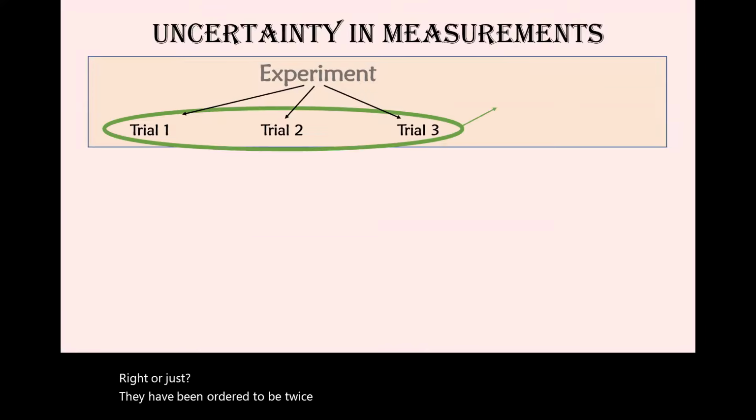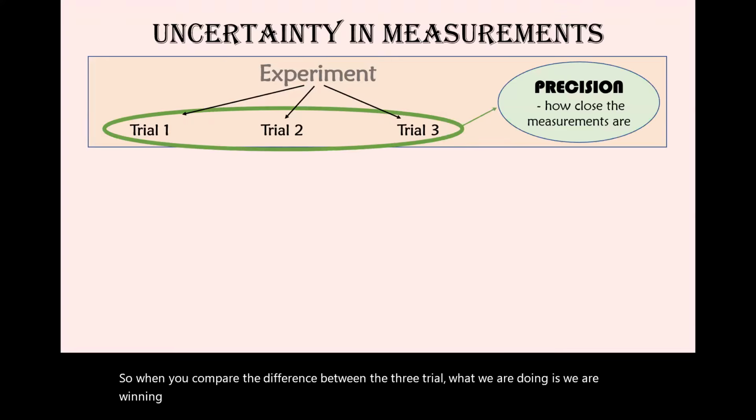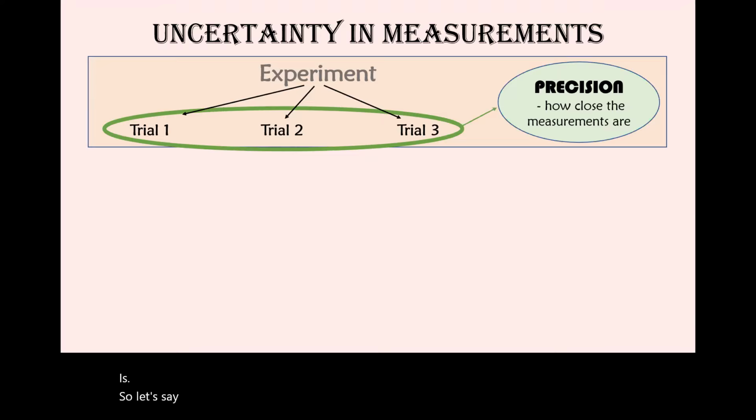So when we compare that difference between the 3 trials, what we are doing is we are measuring the precision of our measurement. So precision is how close our measurements are to each other. So let's say that after the first trial, the measurement that we got was 3.5. After the second trial, we got like 3.6.